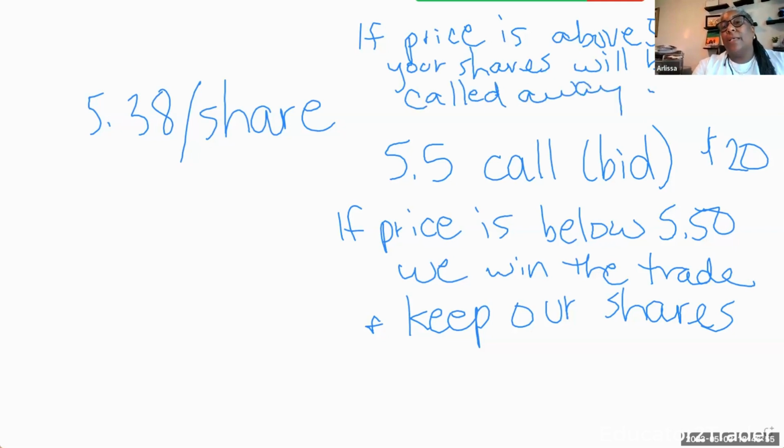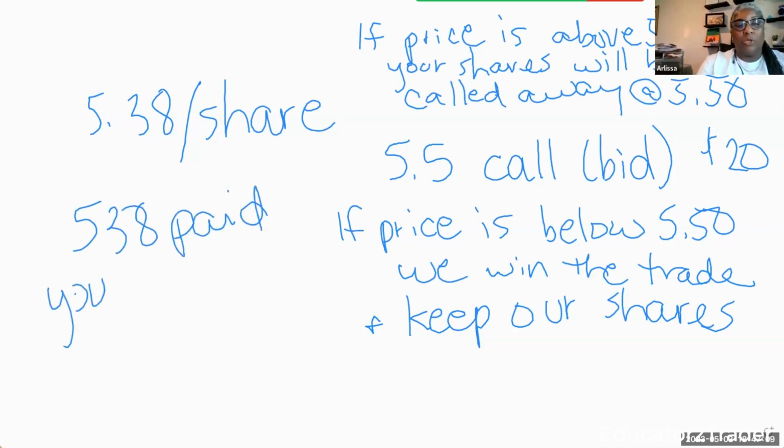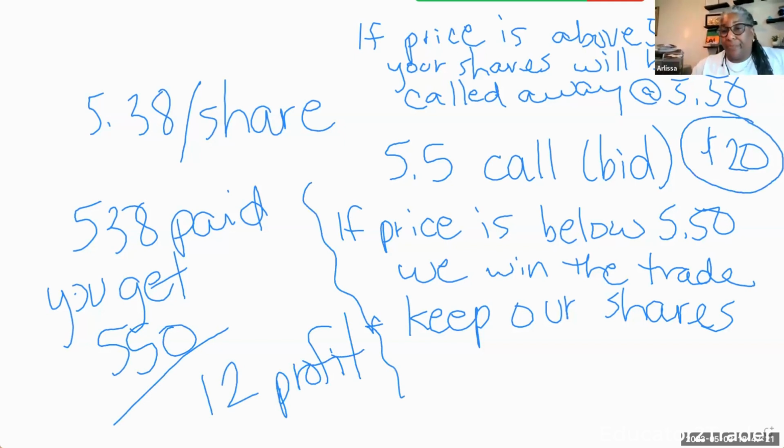At $5.50 each. At $5, remember, you paid $538 for them, but you're going to get $550. So the difference is you're going to have $12 of profit in addition to the $20 you had over here, because nobody's taking those premiums back from you.